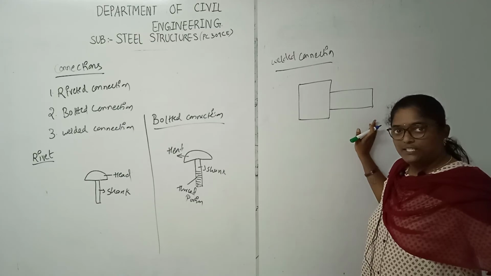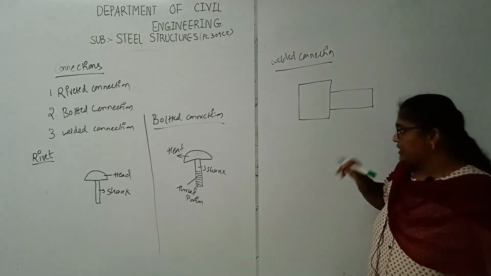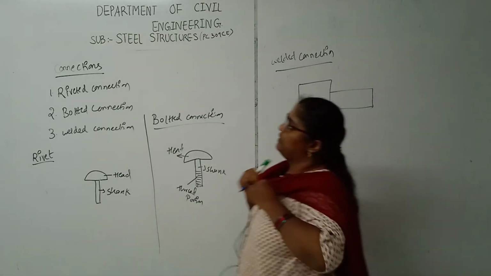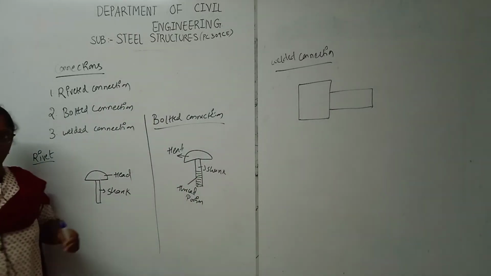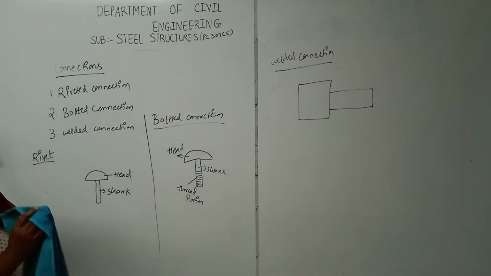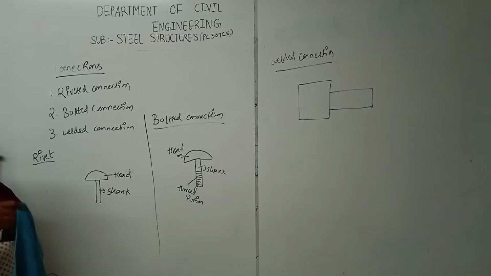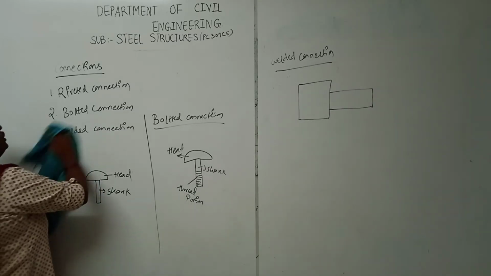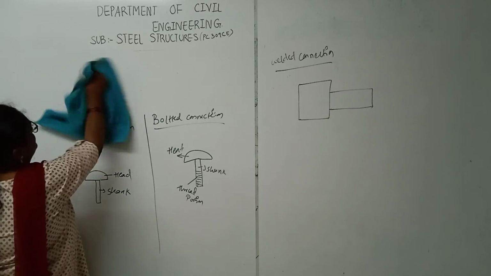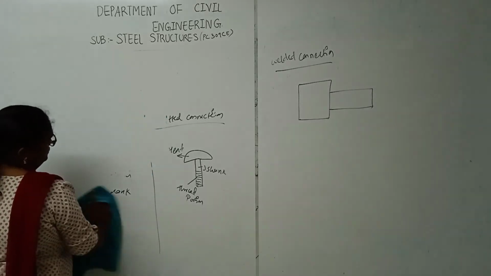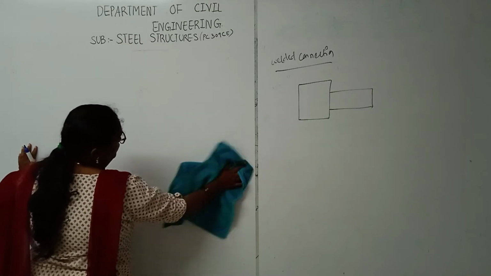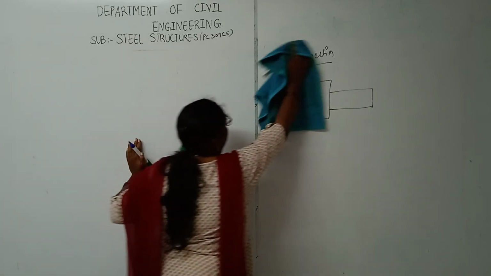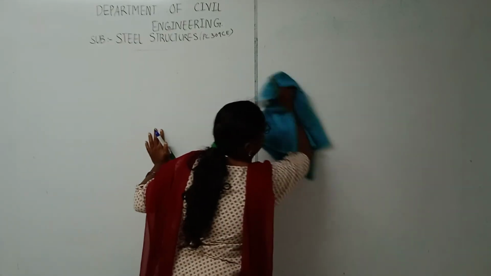That is known as the welded connection. According to our syllabus, we are not using the riveted connections. First unit, first part is your bolted connection. We'll study briefly about the bolted connection.